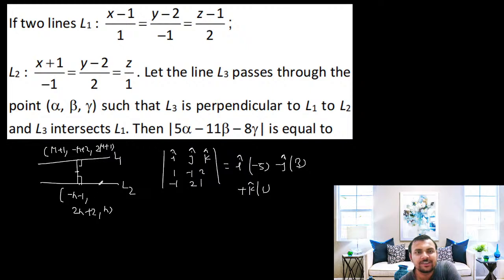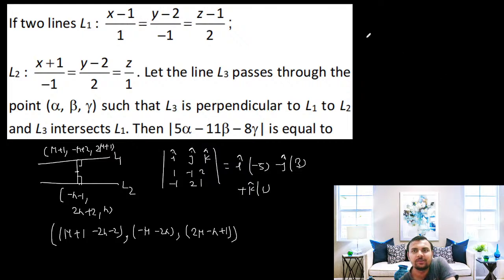So this is the perpendicular vector. If we find mu plus 1 minus 2 lambda minus 2, minus mu minus 2 lambda, 2 mu minus lambda plus 1, and we have this, they are in the same ratio.